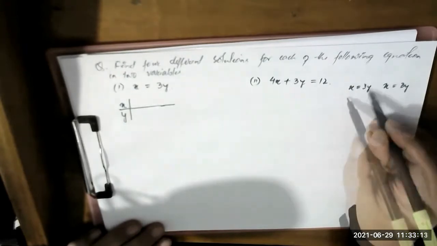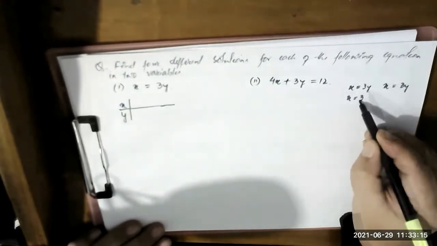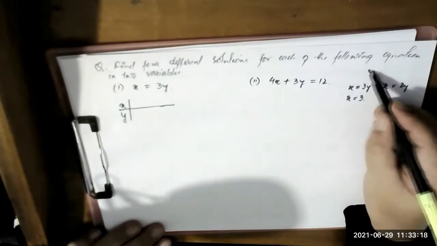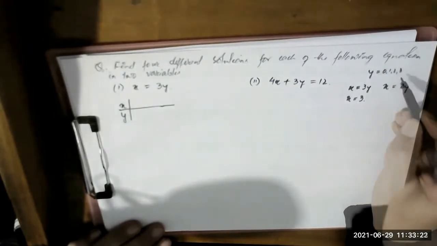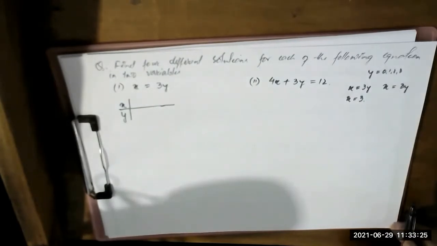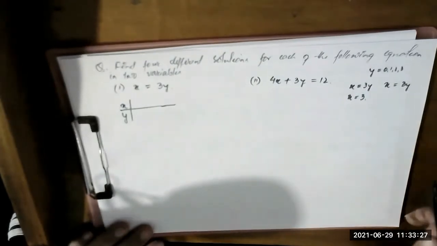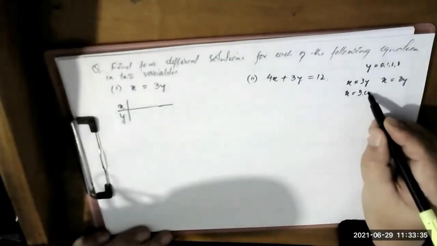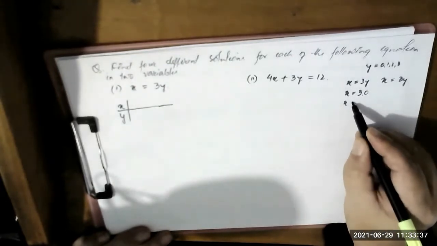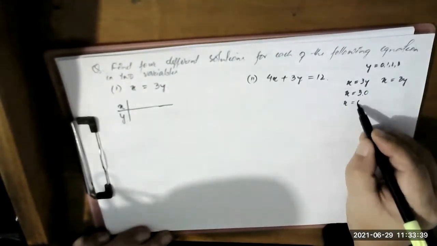Then x is equal to, if we suppose instead of y, let's try to take y is equal to 0, 1, 2, 3. Since we are going to find four different solutions, let's take four values of y. Suppose the first one, let's take instead of y, 0. Then this gives x equal to 3 into 0 is 0.